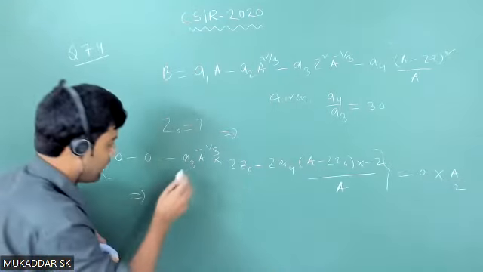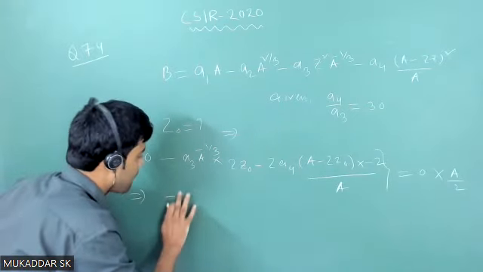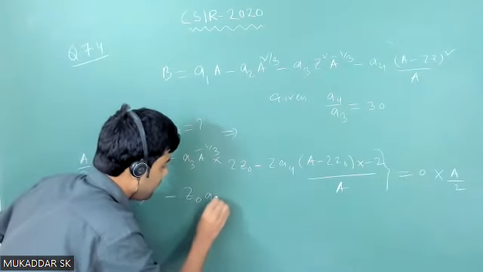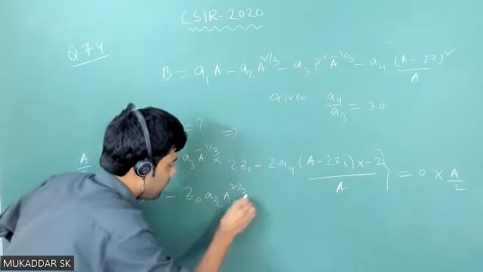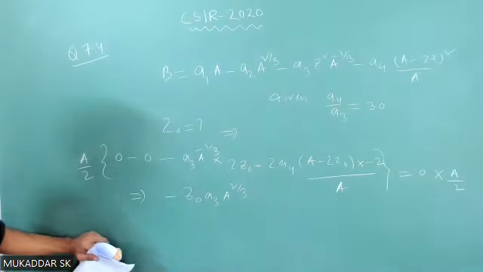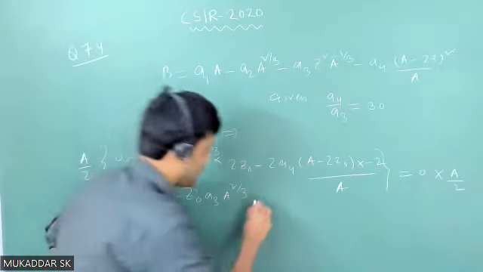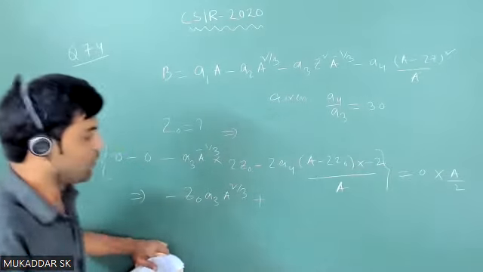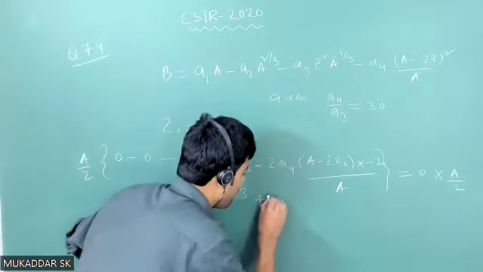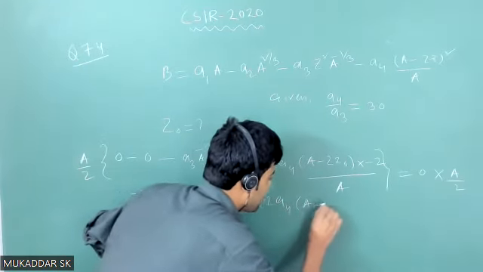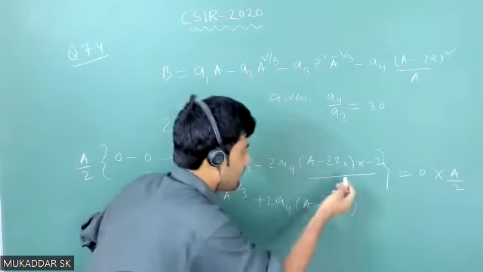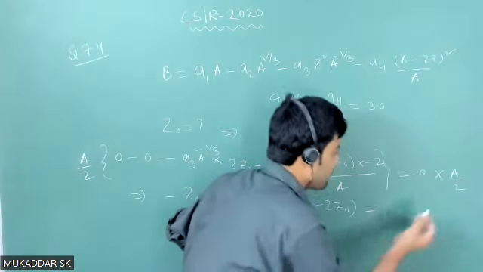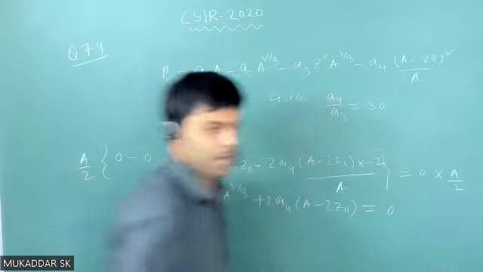As a result, you will have minus Z naught A3 A^(2/3), because A^(−1/3) times A provides you A^(2/3). Here the 2 will be cancelled, minus plus, and you will have 2A4 (A − 2Z naught), and this A will be cancelled with this A, and on the right hand side 0 into this will be 0.